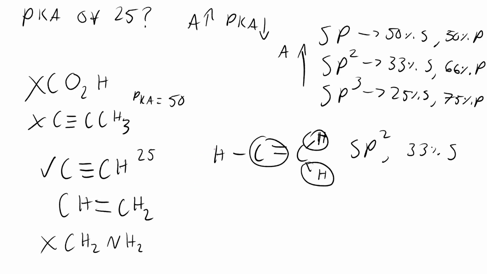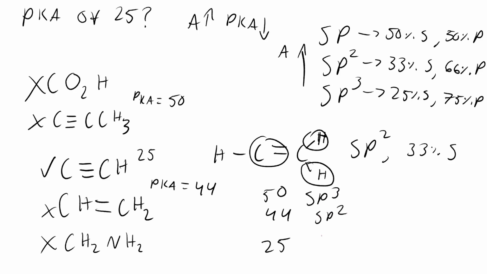It's not going to be the most acidic. So the pKa is going to be about 44. The lowest that you can be for carbon is 25, the highest is like 50, and 44 is like a medium.